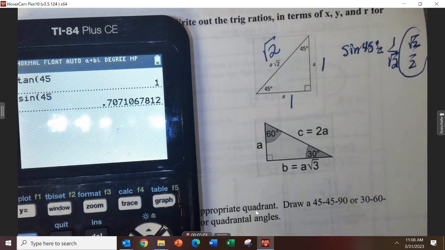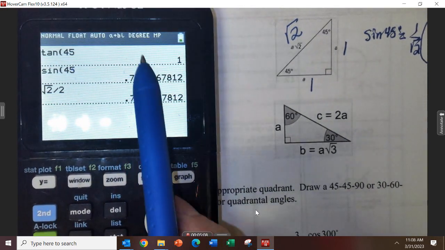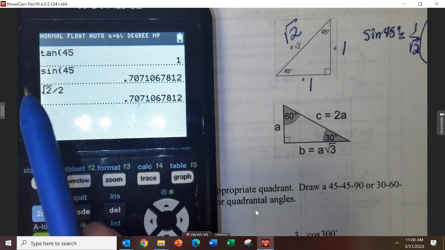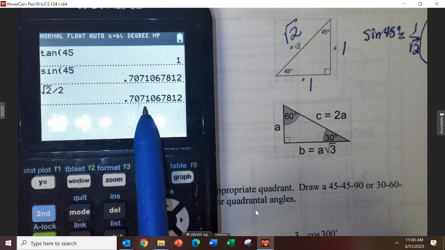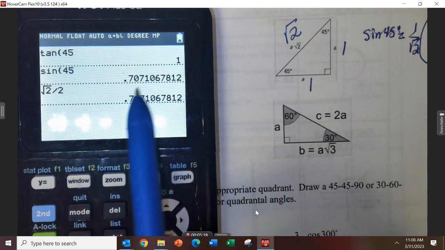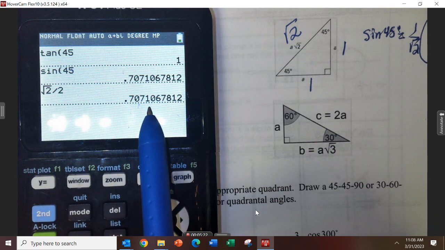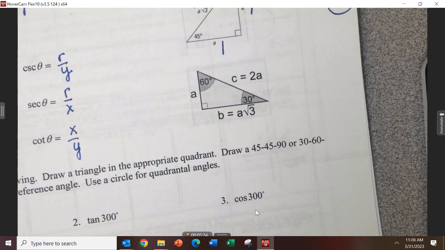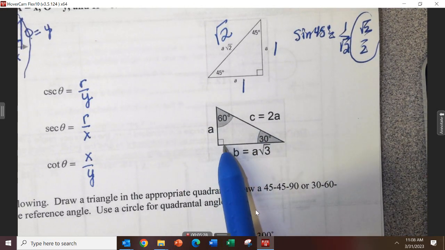Well, we said it should be radical 2 over 2. Those are the same thing, aren't they? The sine of 45 is the same thing as radical 2 over 2. This is the exact answer. This is the approximate answer. Exact, approximate.